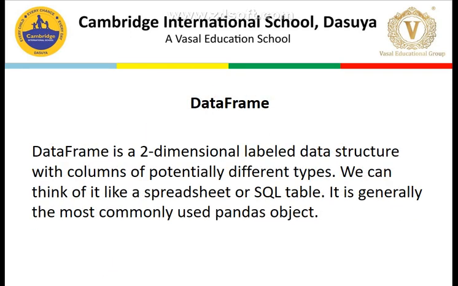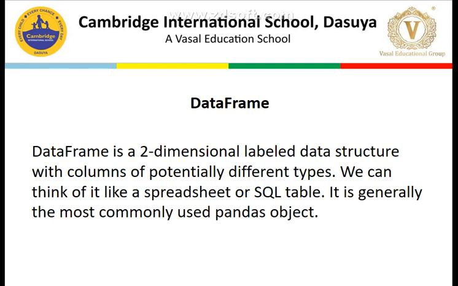Next, the very first data structure of Pandas is the data frame. So what is a data frame basically? A data frame is a two-dimensional labeled data structure with columns of potentially different types. So data inside the columns can be of different data types. It is a two-dimensional object, meaning it has rows and columns with a labeled data structure. The labels are basically the column headings.